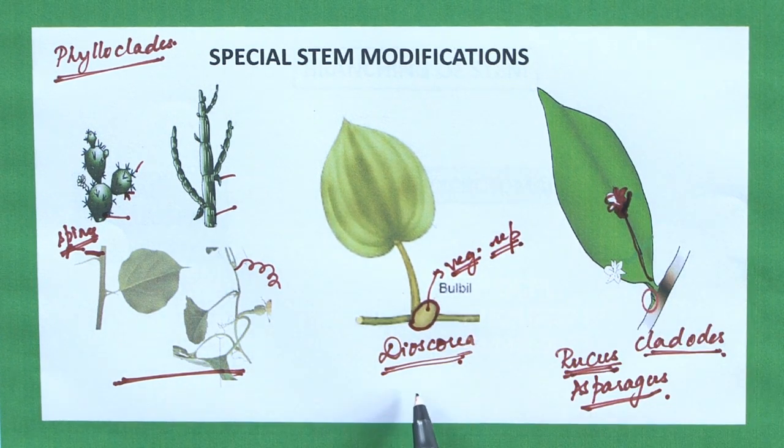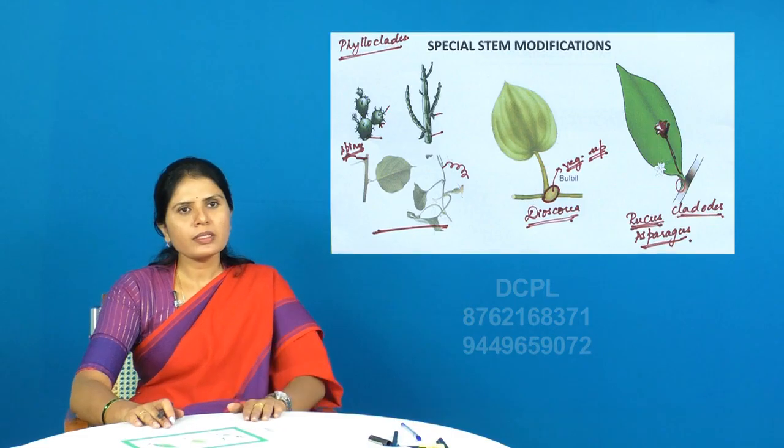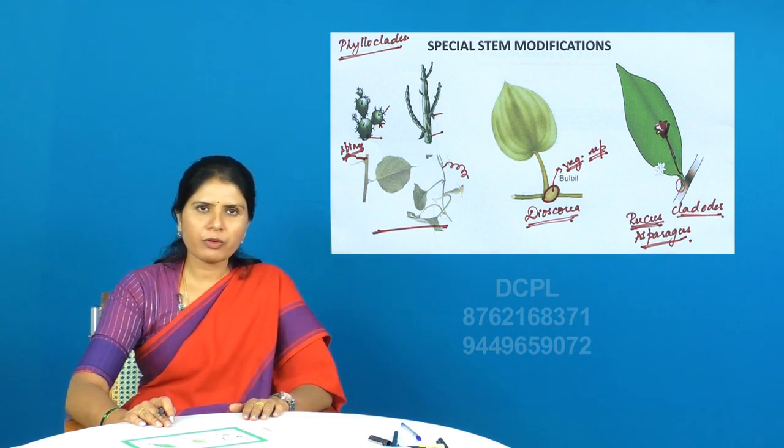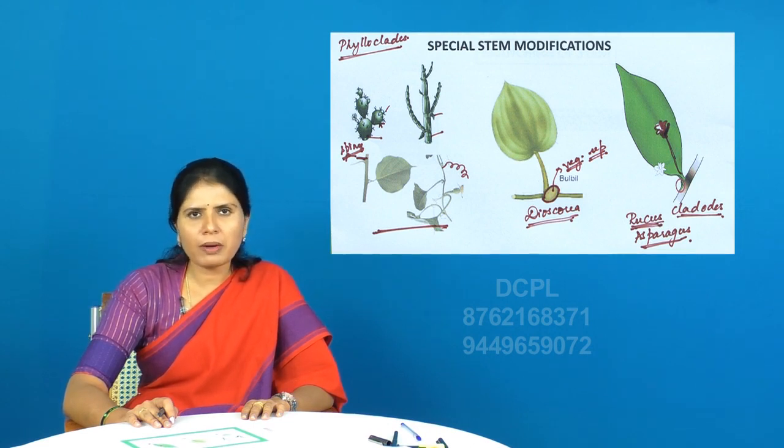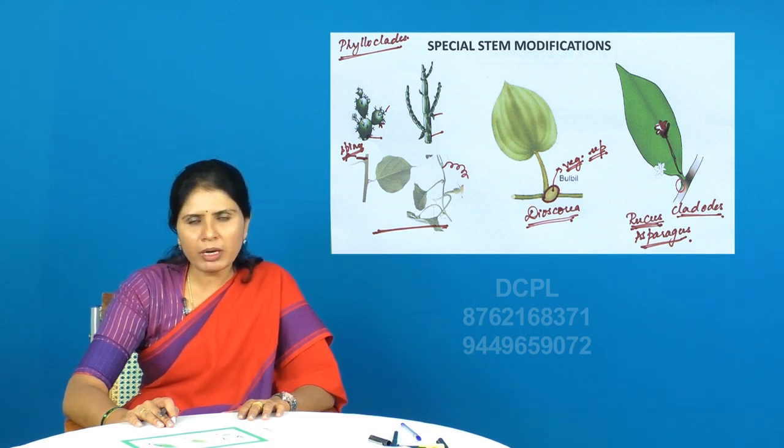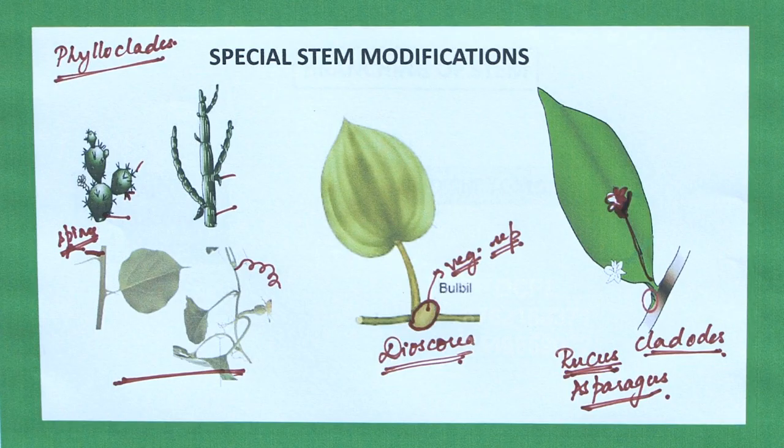So, these are the special modifications performed by the stems, wherein they are modified into structures called phylloclades, cladodes or spines in order to check the excessive loss of water in the xerophytic environment. Apart from that, they are modified for vegetative reproduction into bulbils in the case of Dioscorea.